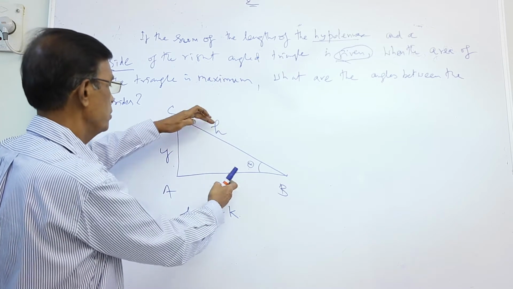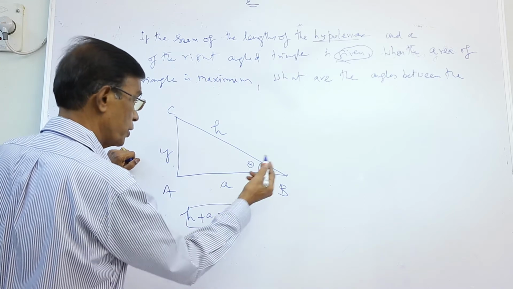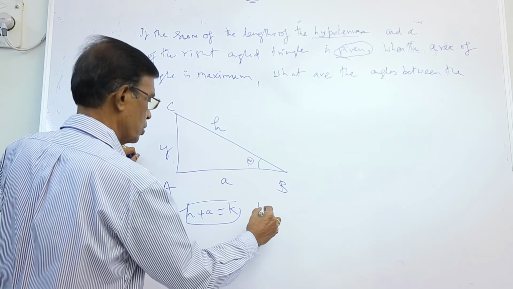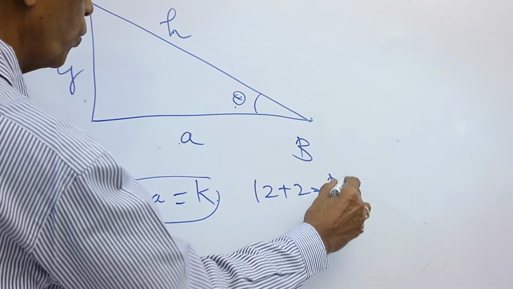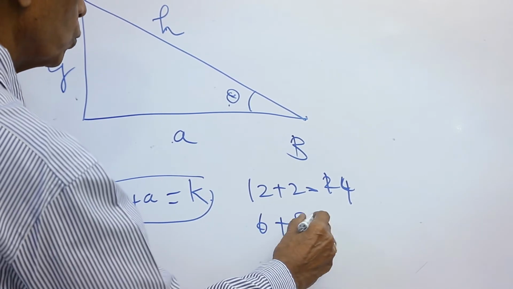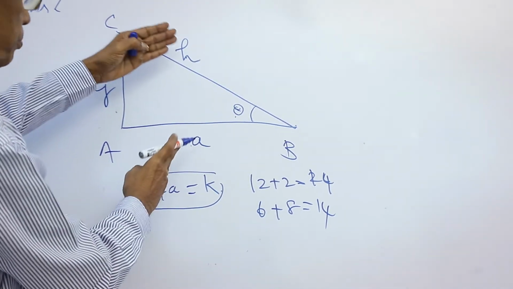H plus A, because, see, you may ask me, sir, when H plus A, you should explain these things to the students. Now H plus A, see, 12 plus 2, this is your 14. Is it not 6 plus 8 also 14? So they may change, A and H may change.